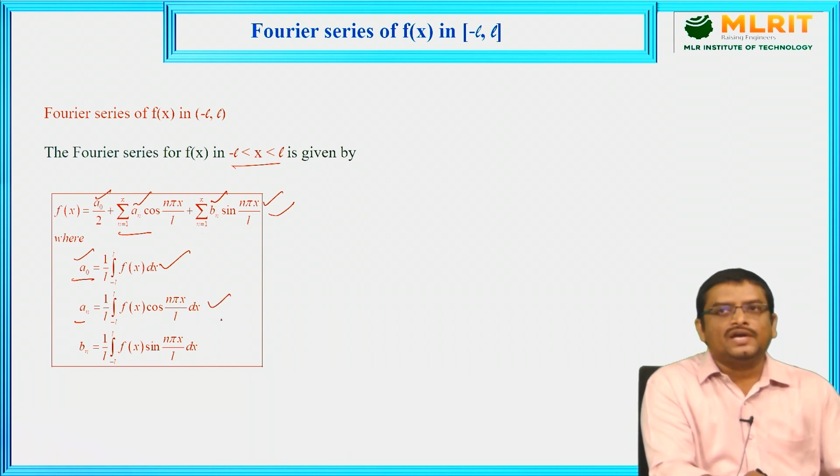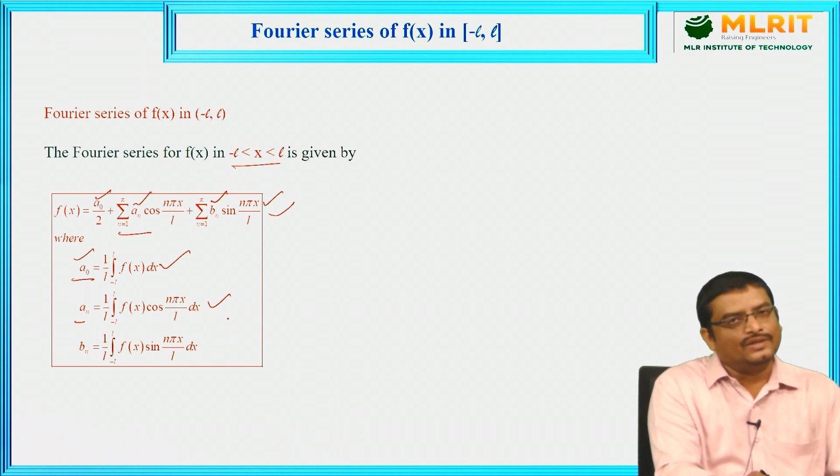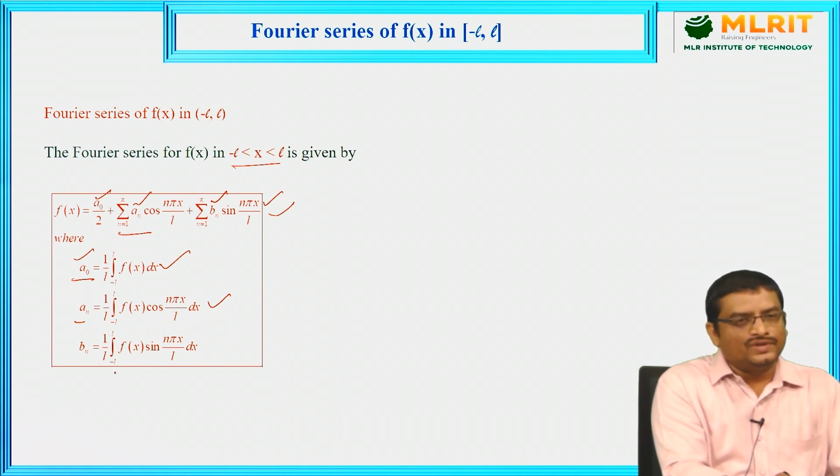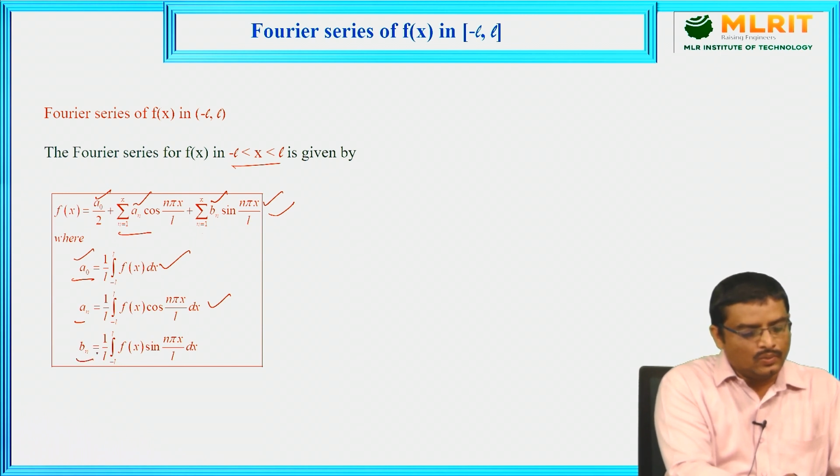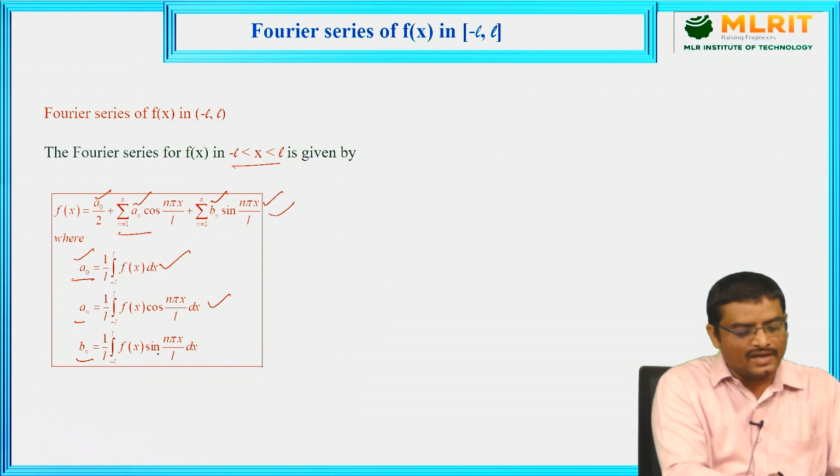The last coefficient, b n, is given by 1 by L integral from minus L to L f of x into sin n pi x by L into dx.